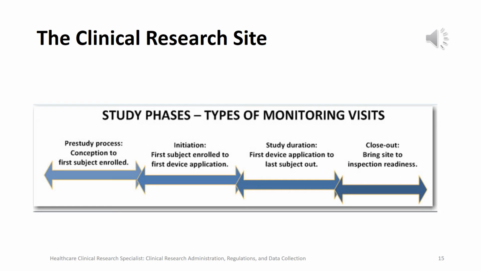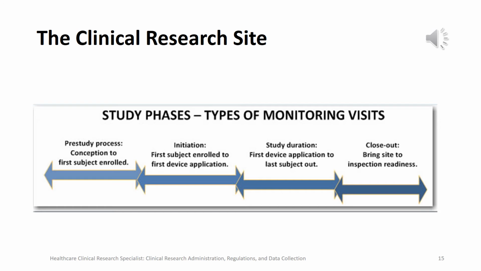And then the heaviest part of the monitoring visits are really going to be during the duration of the trial, where we're conducting interim monitoring visits. So we're going out to the site on a periodic basis, hopefully on a regular basis, to assess how they're performing on that trial. And we have some specific activities that we're going to do during each of those visits.